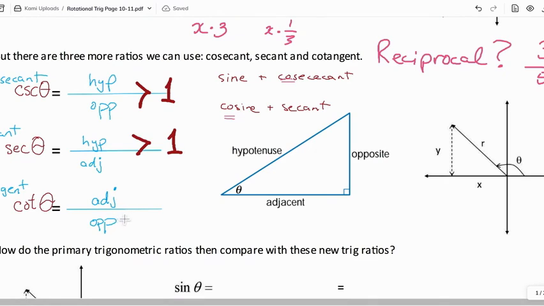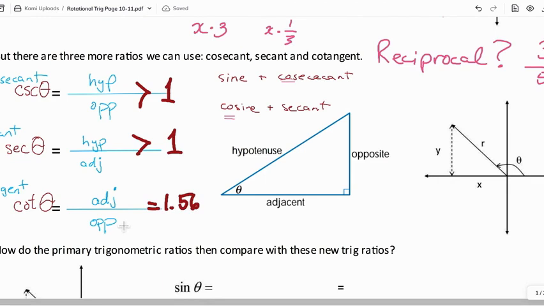Beautiful. Right? So I really want to drive home the idea that the number you get, let's say we get 1.56, is not a random number. It actually means something. If I get that cotangent is 1.56, what that means is that the adjacent side is 1.56 times longer than the opposite side.